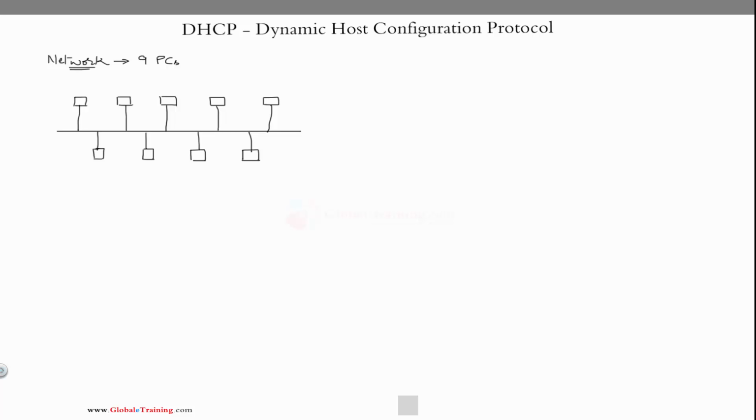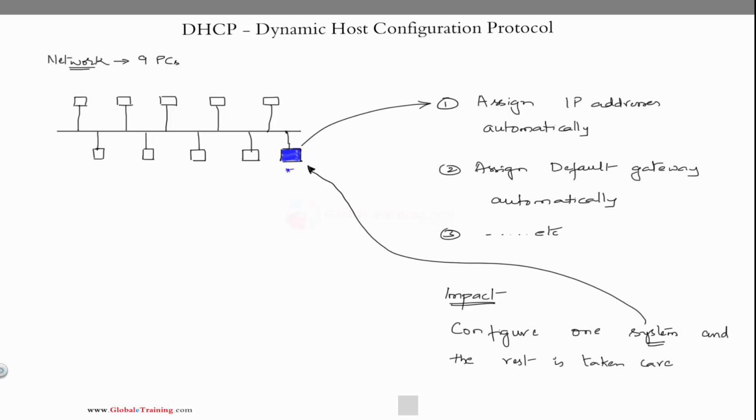Okay, same thing, same network, 9 computers, and let's see how this can be addressed and how the DHCP actually addresses this issue. Assign IP addresses automatically. That means we bring in this blue machine here, which is nothing but a DHCP server.